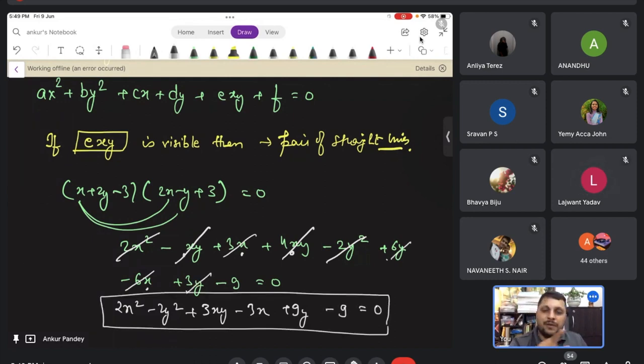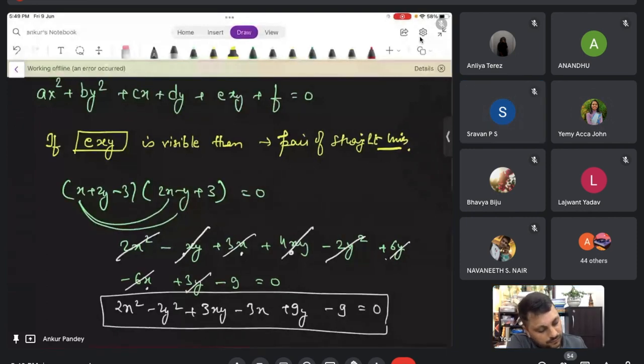Yes, sir. Please note this equation because I will need this to be translated. 2, minus 2, minus 3, 9, 3, minus 9. Noted? Yes, sir. How much?